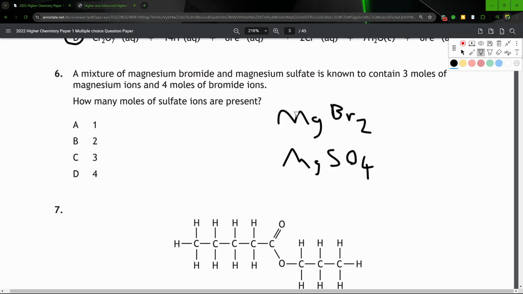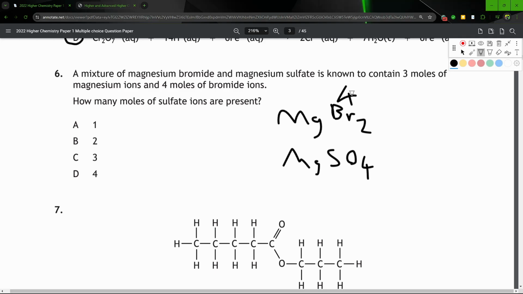If we have 3 moles of magnesium ions, they're going to have to be divided up between them. We have 4 moles of bromide ions, and we need double the bromide ions for each magnesium.